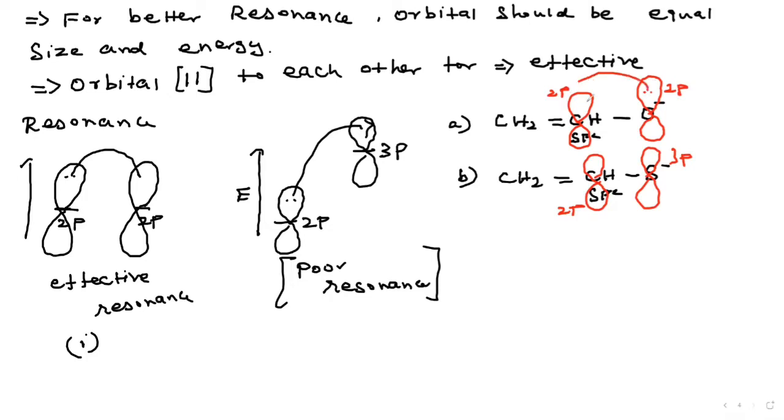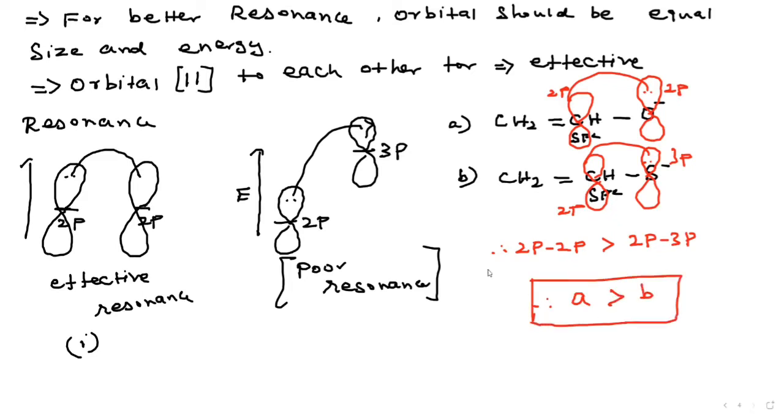Both 2p and 2p, or 3p and 2p, which gives more effective overlapping? Therefore, 2p with 2p gives very strong overlapping, or strong resonance, compared to 2p and 3p. Therefore, A has more effective resonance compared to B, right? Both undergo resonance, but which is more effective?